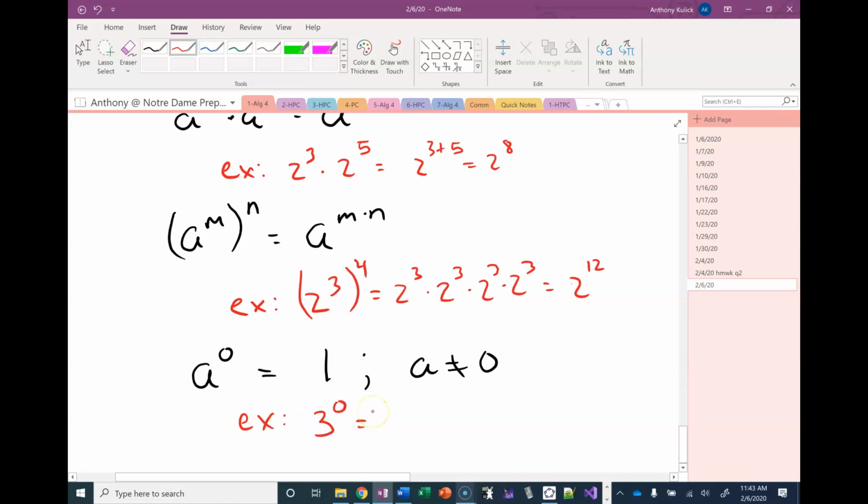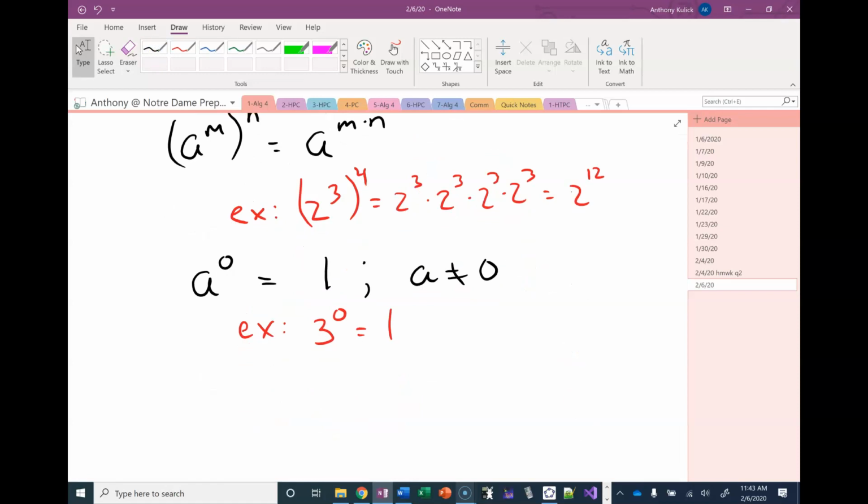So for example, 3 to the 0 is 1. Okay, you want to see why that works? Yes. Okay. So if I have a to the m and divide it by a to the n, how does that happen?